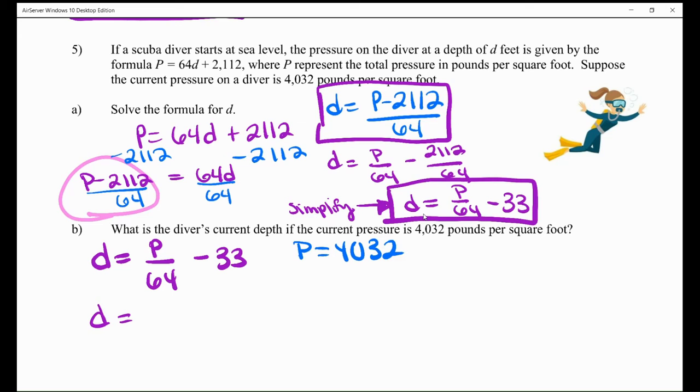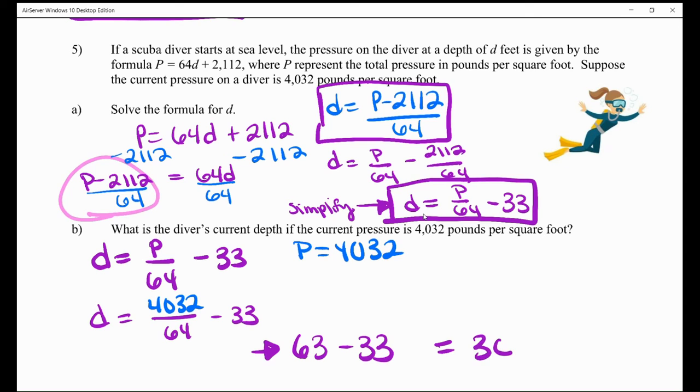So substitute the value for P into our new formula. 4,032 divided by 64 is 63. And 63 minus 33 is 30. So the depth is 30 feet.